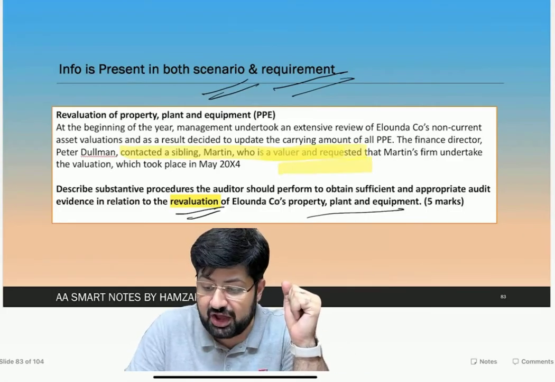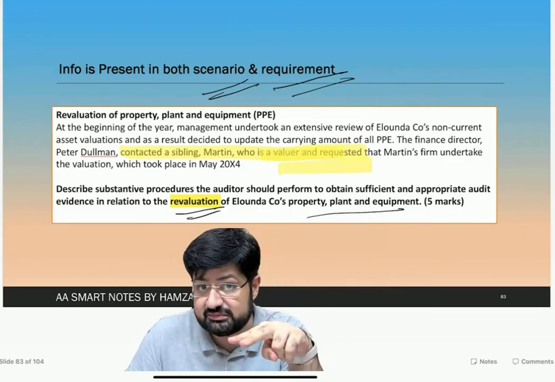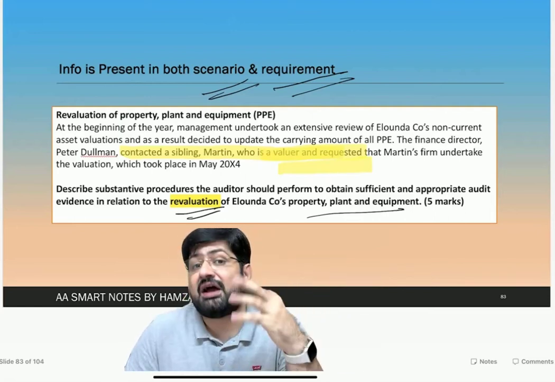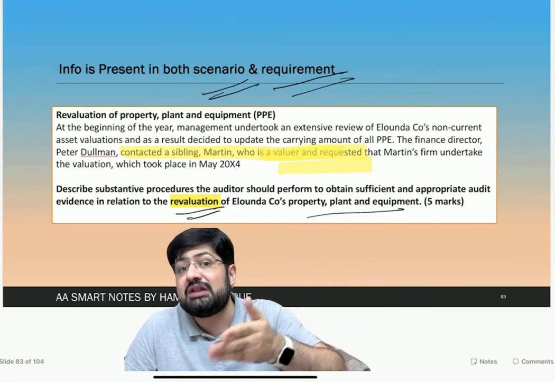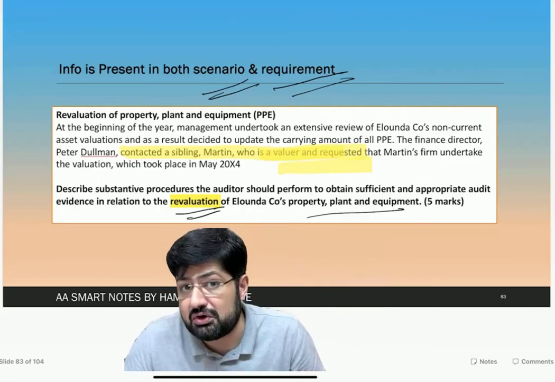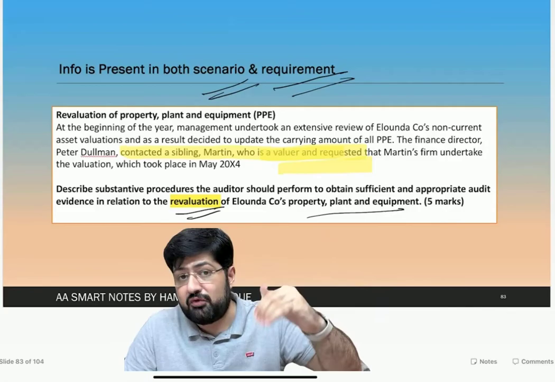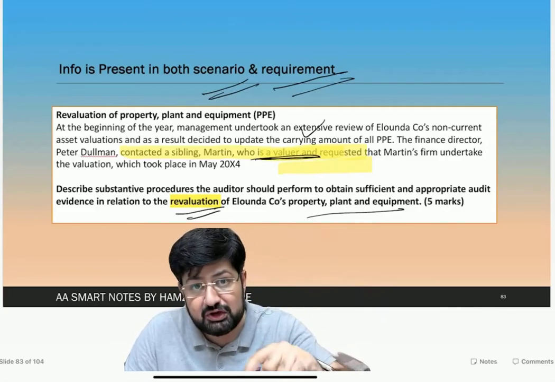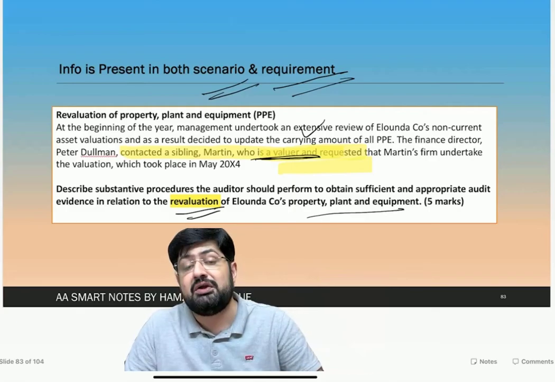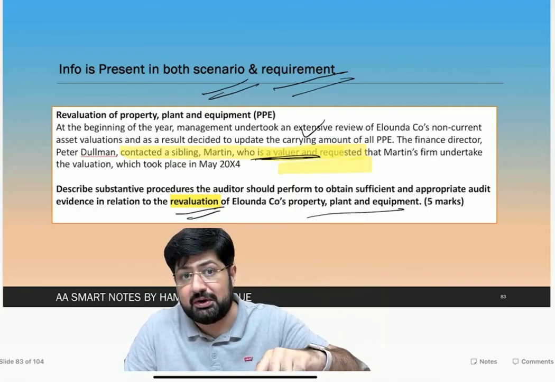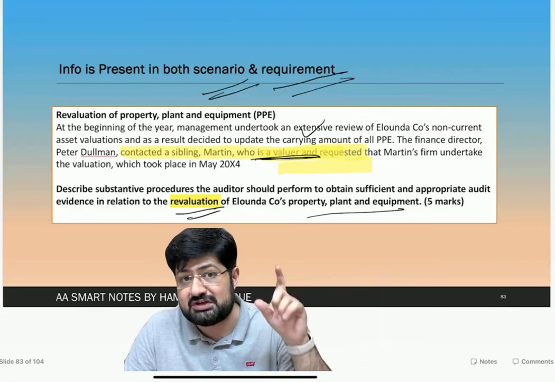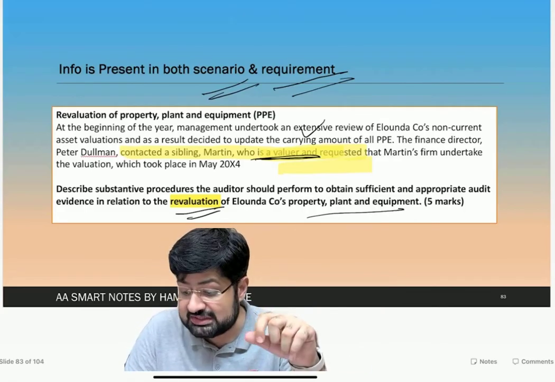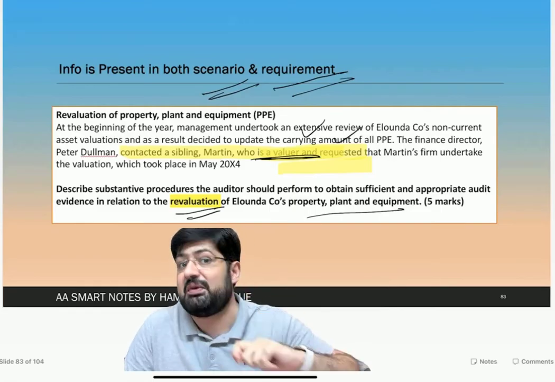So you can write procedures on two aspects: the revaluation methods, the revaluation assumptions, and IAS 16, whether all the assets of the same class have been revalued or not. And then the scenario information: the competence of the valuer, the independence of the valuer, and review of the work done by the valuer. You can write substantive tests on that as well, because the scenario is also giving you specific information.